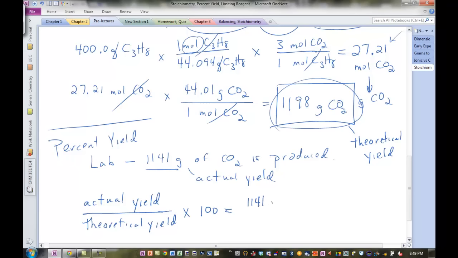So we take the 1,141 grams. We do have to make sure our two yields are in the same units. For example, if we had stopped here at 27.21 moles, and then the problem said you produced 1,141 grams of CO2, you would have to make sure you were in the same units for each one, whether it was grams or moles, either way. 1,198 grams, multiply by 100.